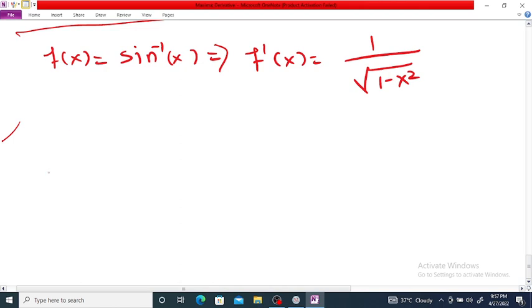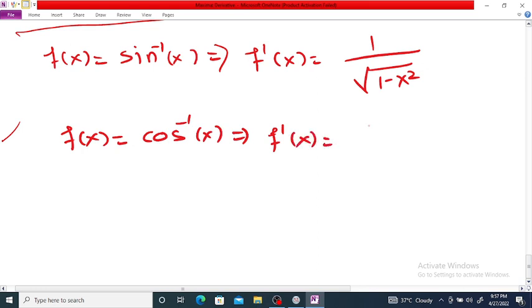So if f of x is equal to cos inverse x, then f dash x is equal to minus 1 divided by under root of 1 minus x square.